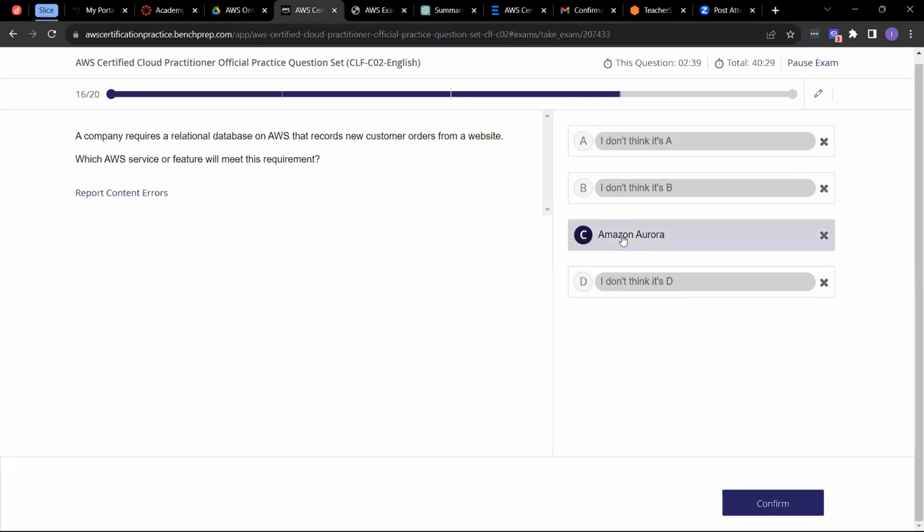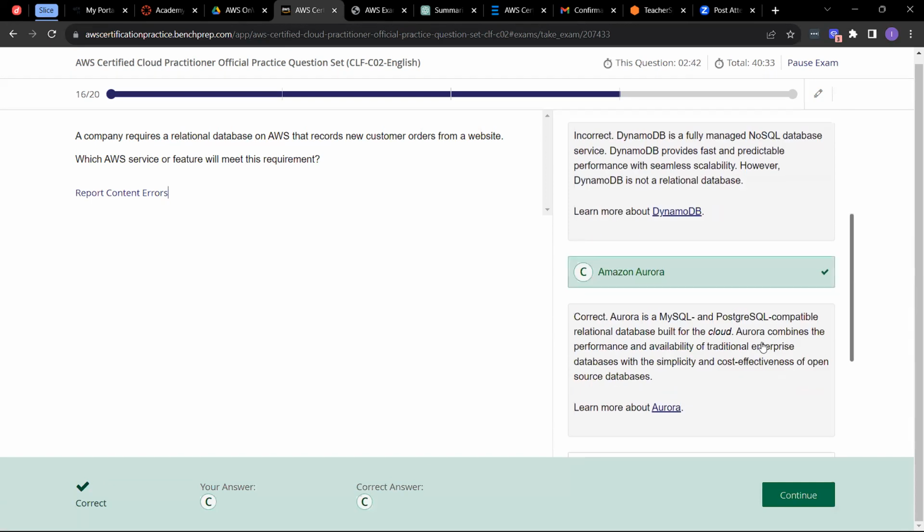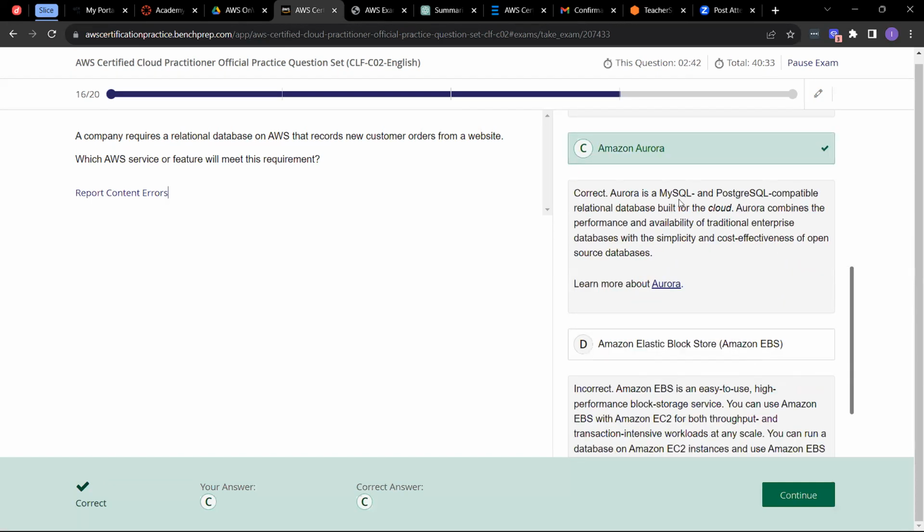So Aurora is a relational database service. Let's read about Aurora. Aurora is a MySQL and PostgreSQL compatible relational database built for the cloud. Aurora combines the performance and availability of traditional enterprise databases with the simplicity and cost effectiveness of open source databases.